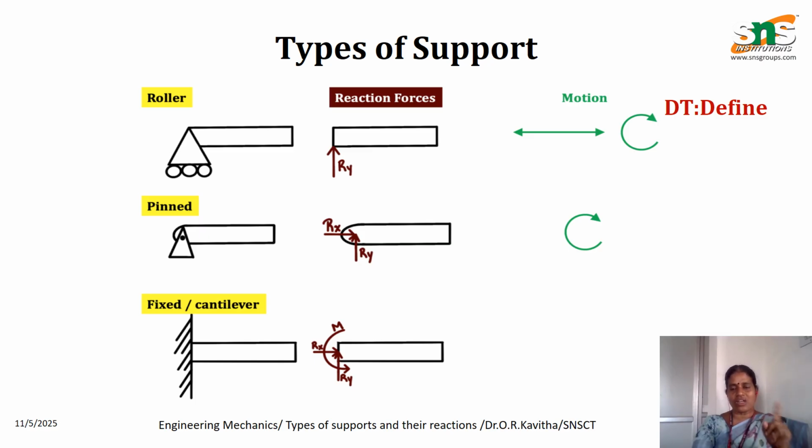If I take a roller, there is only one vertical reaction, and if I take a pin, there will be two reactions, one vertical and one horizontal. And if I take a fixed beam, it will provide vertical and horizontal reactions, and it will also give rotation. Therefore, depending upon the type of support, the number of reactions will vary.